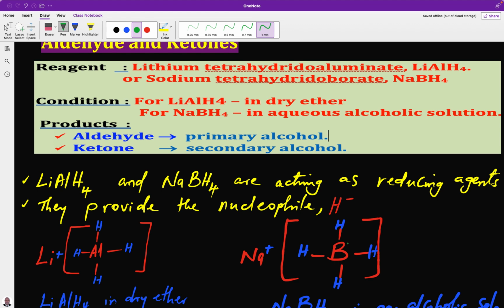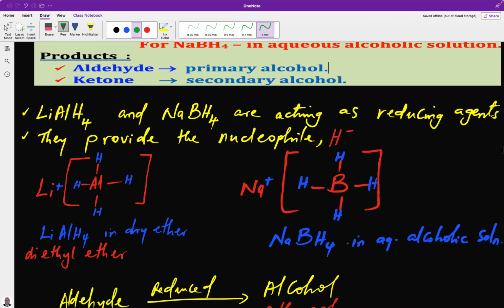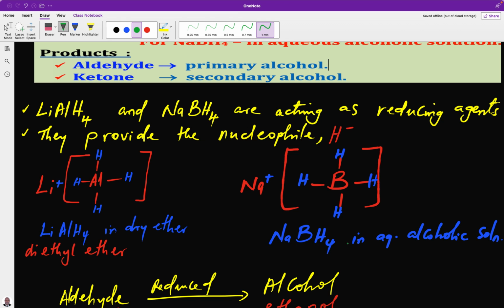LiAlH4 in dry ether is a more powerful reducing agent than NaBH4, and it reacts vigorously.